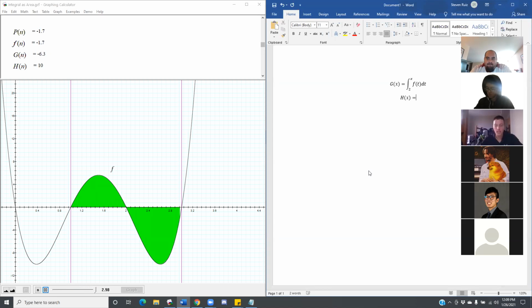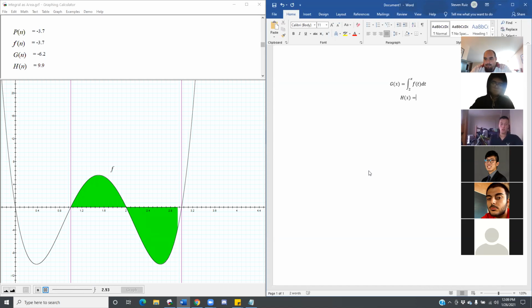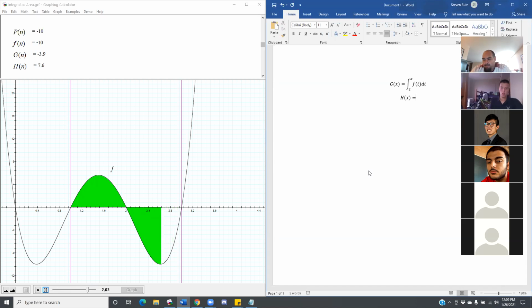What do you say about unsigned area again? I'll let one of you give me the key difference between signed area and unsigned area. Signed area subtracts the area below the x-axis, whereas unsigned area is always adding, both above and below. Okay.